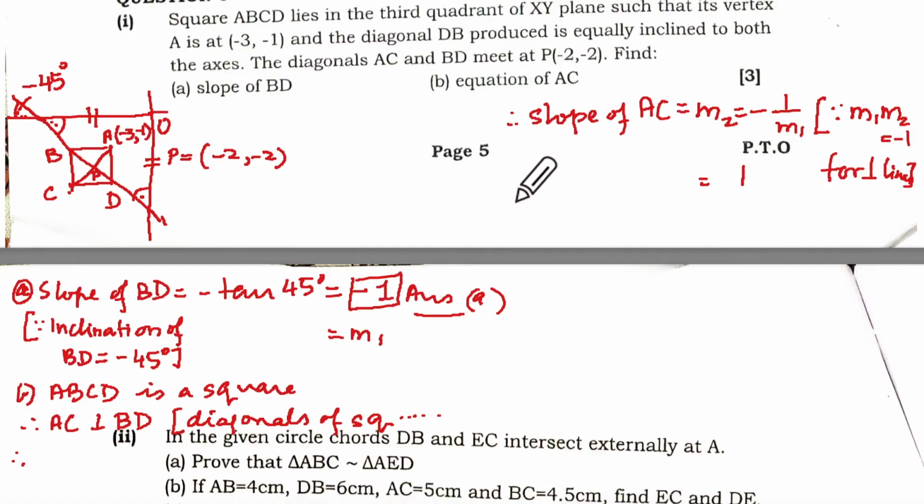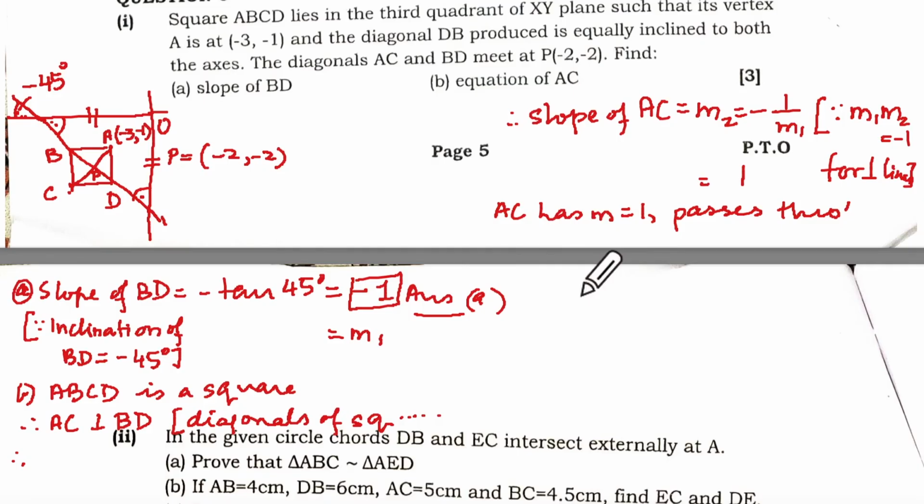Now equation of AC needs the slope and a point. Normally they give you slope and a point. Is the point given? AC has slope m equal to 1, and which point is it passing through? A minus 3 comma minus 1. It passes through A. It can also be P. I don't know why they put P over there.